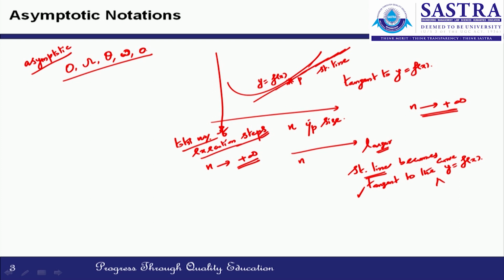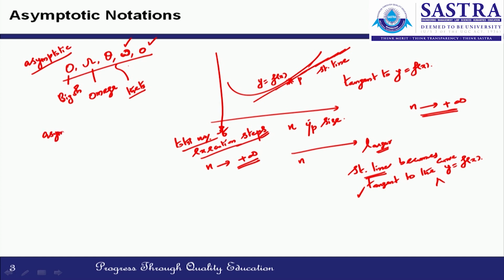Using these notations, we can represent the running time of the algorithm. For large input sizes, conveniently we can represent the running time of an algorithm. The first one is big O, the second one is big omega, the third one is theta, this is small omega and this is small o notation.